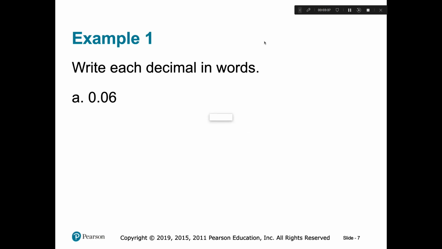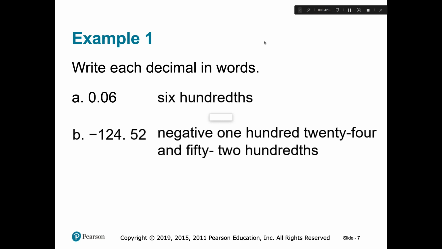So these here, I do not think I did not. So if I were to say this number, what is this number? 600ths. If I were to say this number, what is this number? Right? Negative 124 and 52 hundredths.